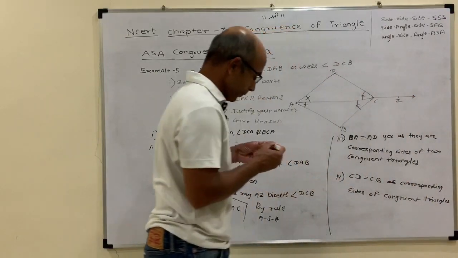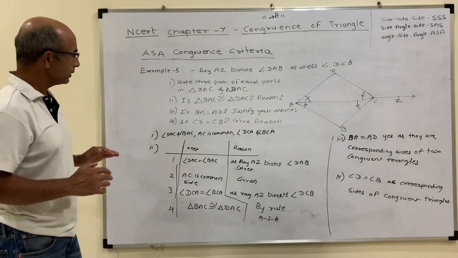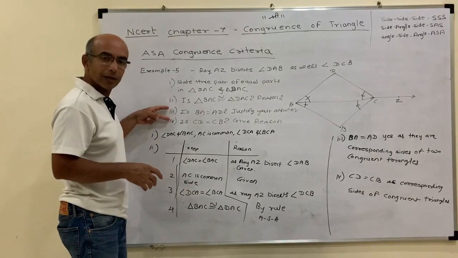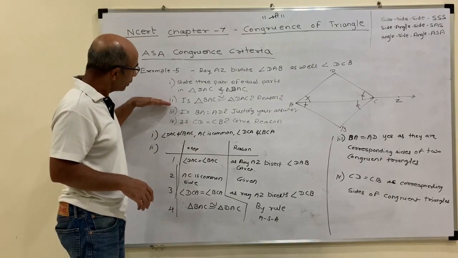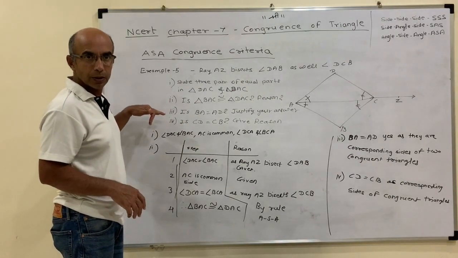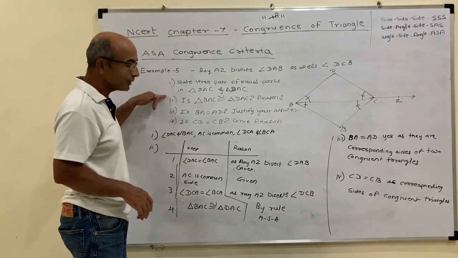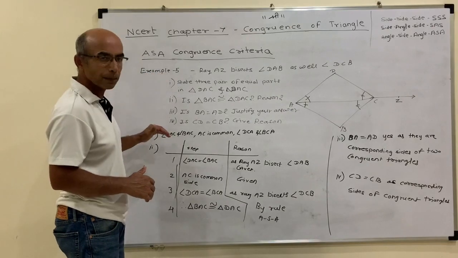So now we have answered all of them. Let's understand these two questions. Don't rush to them, because unless and until you prove the second one, you can't conclude the third and fourth one. So you have to do the second first. Prove that. And here the sequence is perfect.